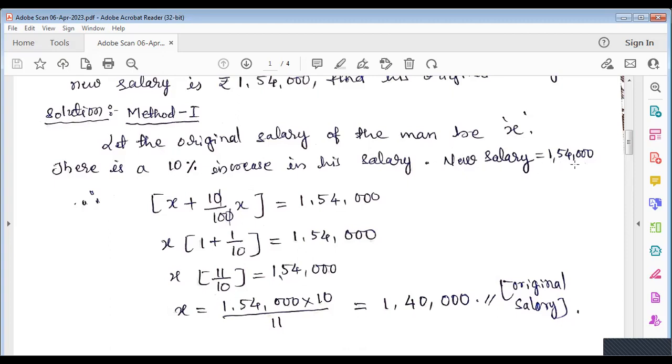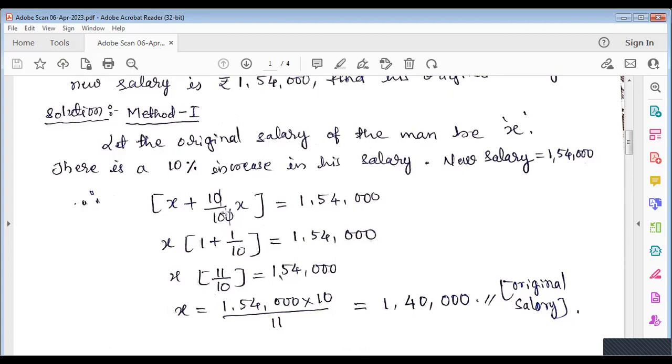That is 1,54,000. So this we can write mathematically like this. X is the original salary, and to this you have to add 10% of X. So X plus 10% of X makes the new salary, that is 1,54,000.